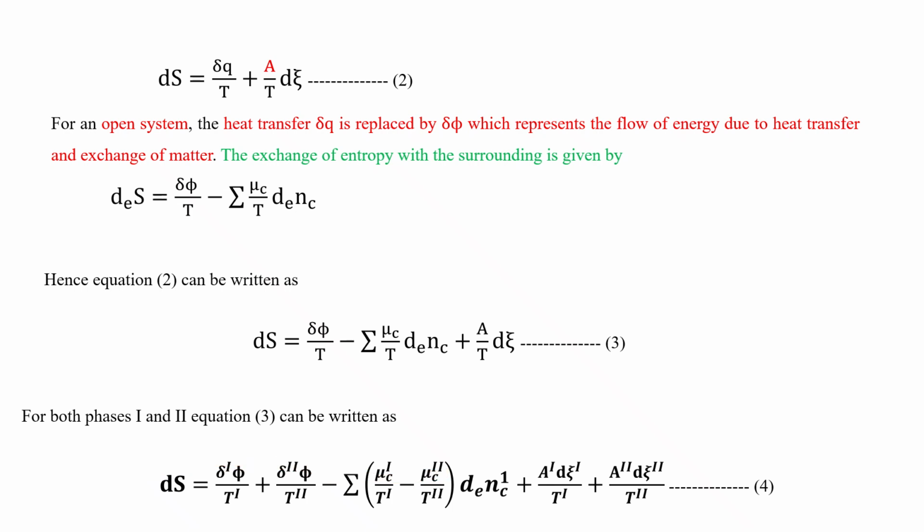So the equation is written by taking into consideration the phases 1 and 2 of the system. So del 1 pi by T1 plus del 2 pi by T2 minus summation of, since there is an exchange of matter, definitely there will be some change in chemical potential between phase 1 and 2, which is also represented here.